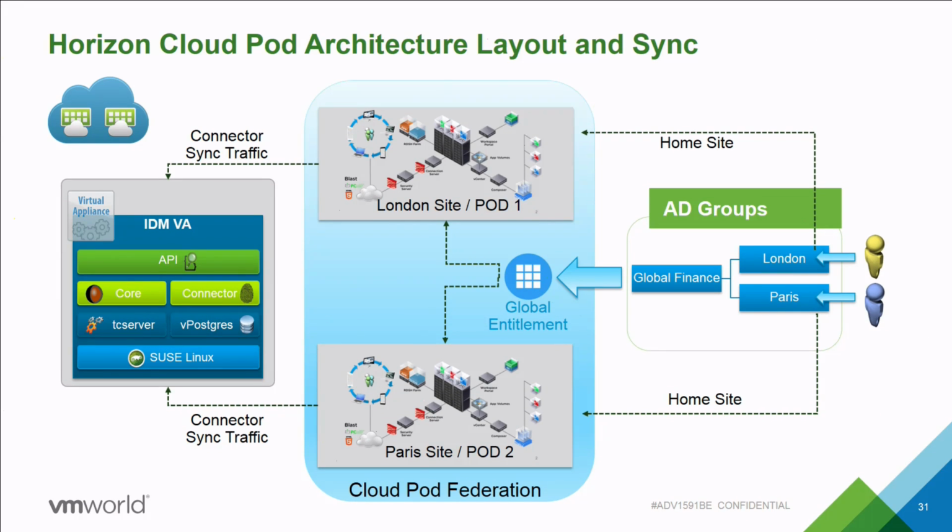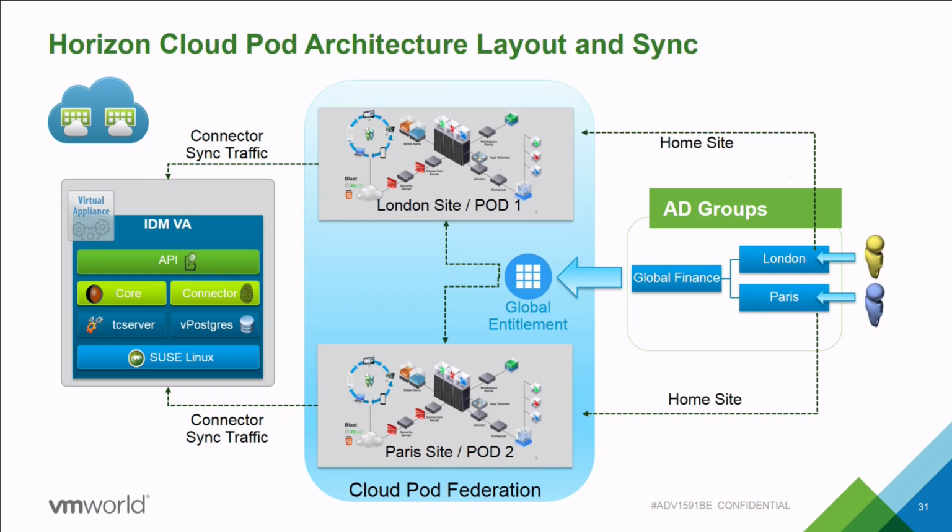Well, if we add the IDM component to that architecture, and we'll cover that in the next slide, absolutely, we'll add all connection servers from a pod, and add the connection servers from the other pod as well, and add the federation, including a single namespace in which the user will connect towards IDM.